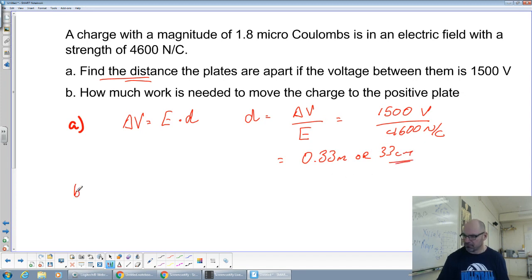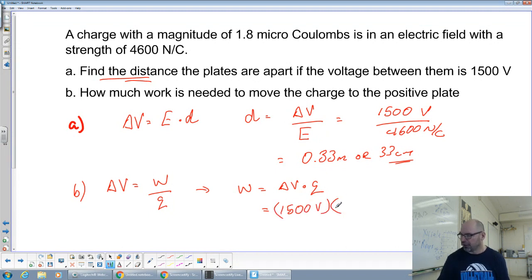In this case, how much work is done? If we remember, change in voltage equals work over charge. So if we rearrange that, work is equal to change in voltage times charge. That's going to be our voltage of 1,500 volts times our charge value of 1.8 microcoulombs, so times 10 to the negative 6 coulombs.